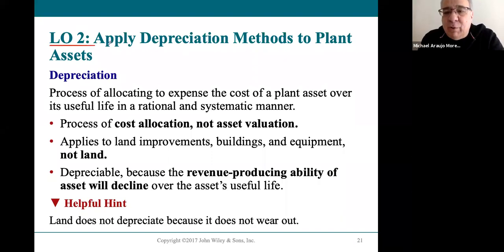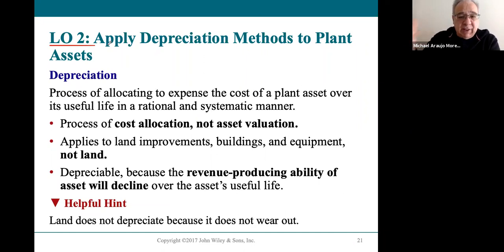Like I promised you, learning objectives 1 and 2 are the heavy hitters. In learning objective 1, we figured out what the cost of the asset is. Well, we also have to figure out how long we're going to use it, right? What's the useful life of that asset? So if I have a pizzeria and I buy a pizza oven, I'm going to be using that oven every day. It's not going to last forever.